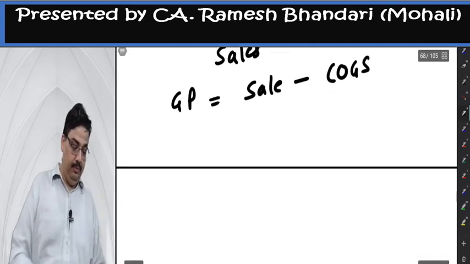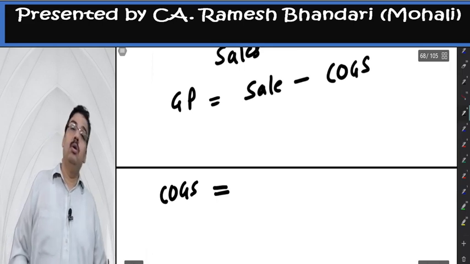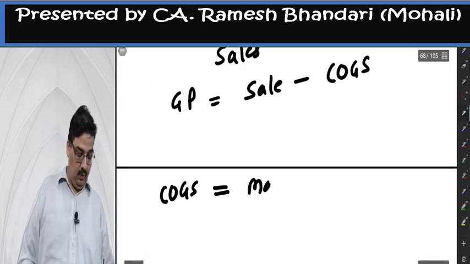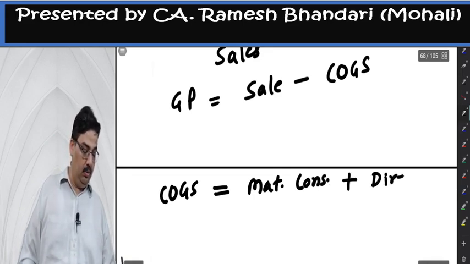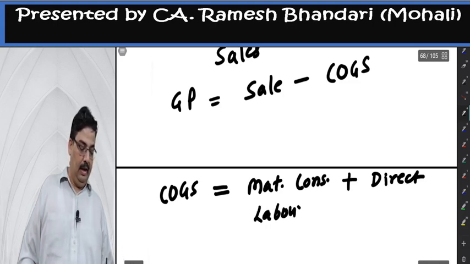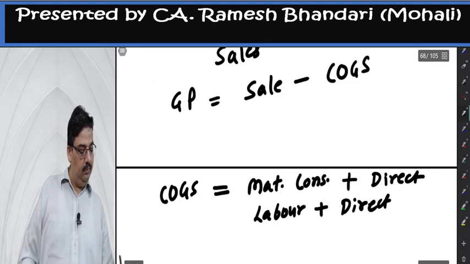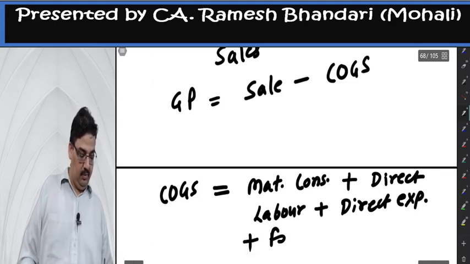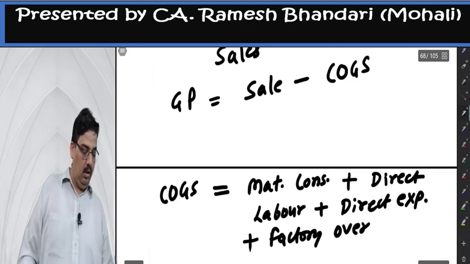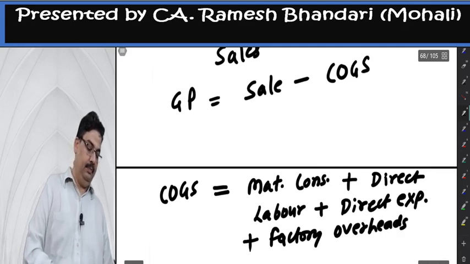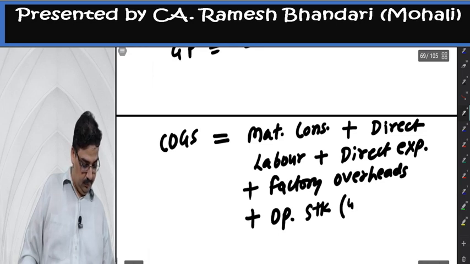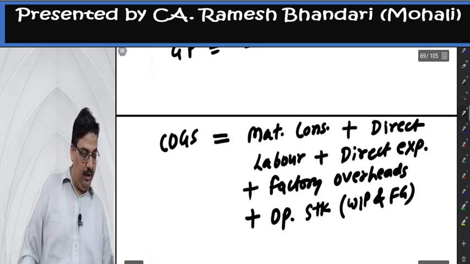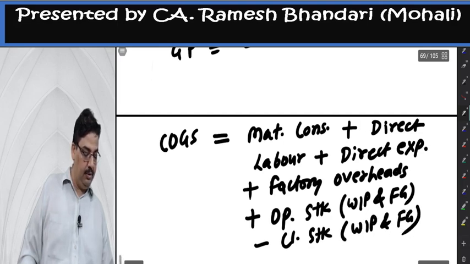Now, what is cost of goods sold? For a manufacturing company, it is material consumed, direct labor, direct expenses, factory overheads, plus opening stock, WIP and finished goods, minus closing stock, WIP and finished goods.